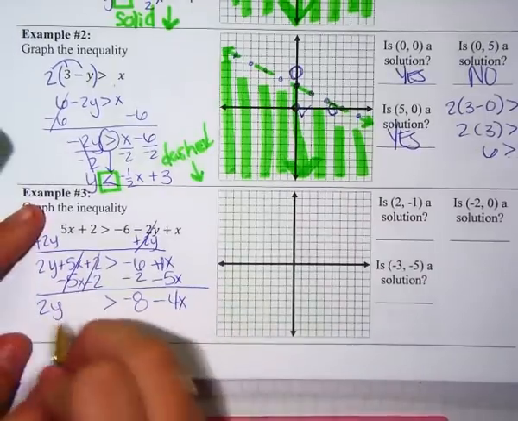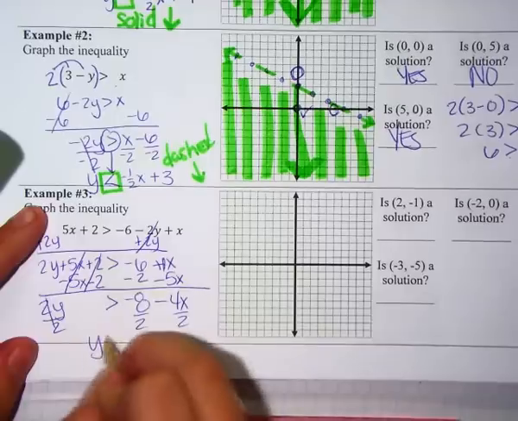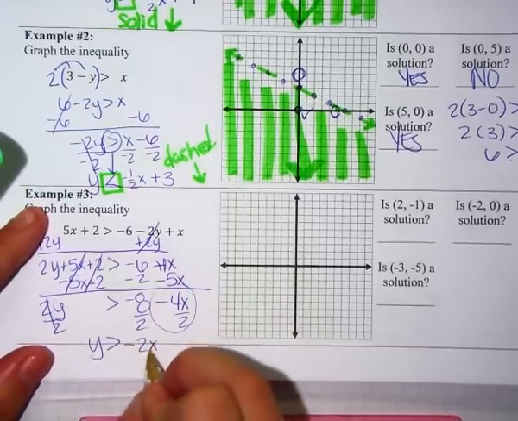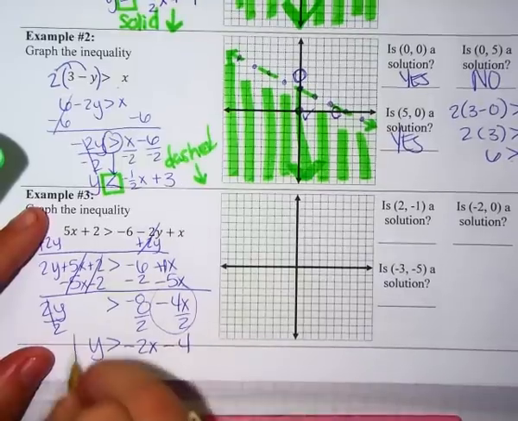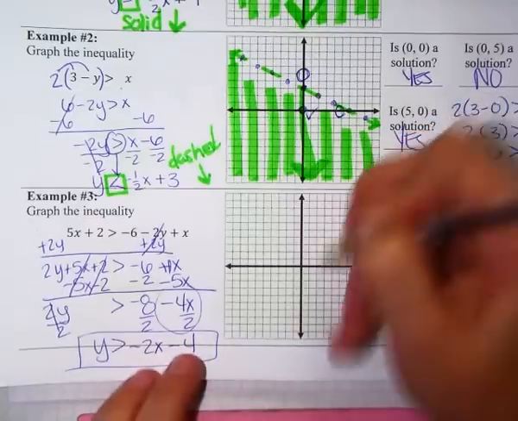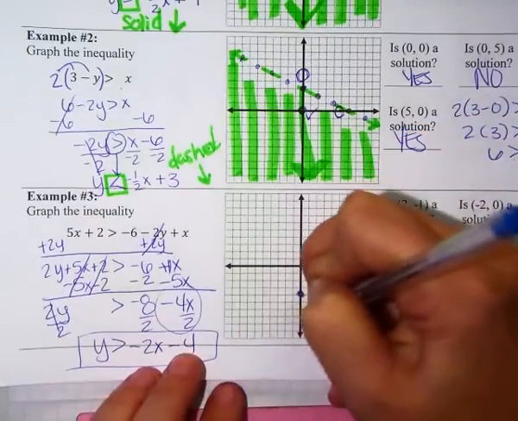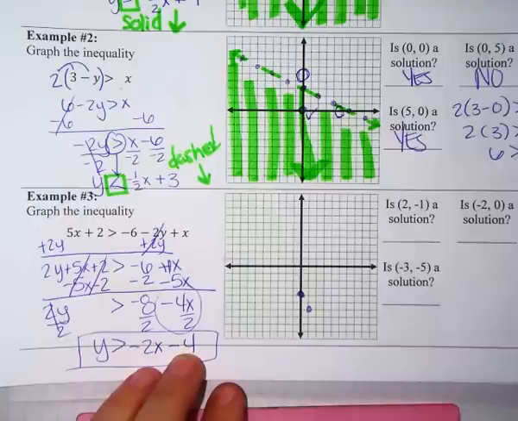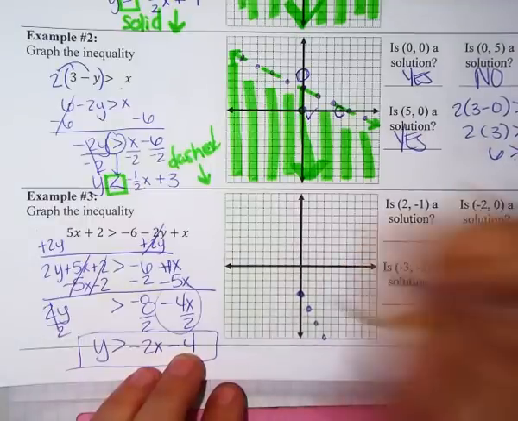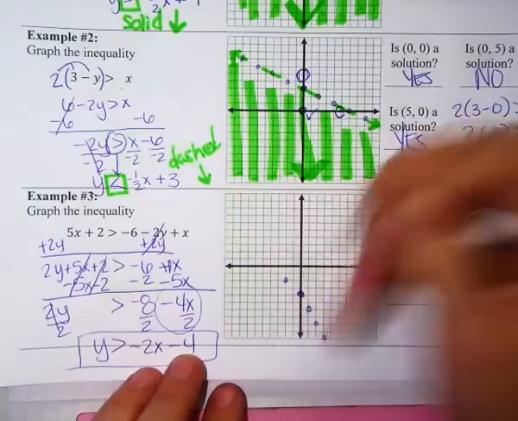Last step is to divide everything by 2. Y is greater than, I'll write this term first, negative 2x minus 4. Go ahead and plot your y-intercept first. Count your slope. Is that right?